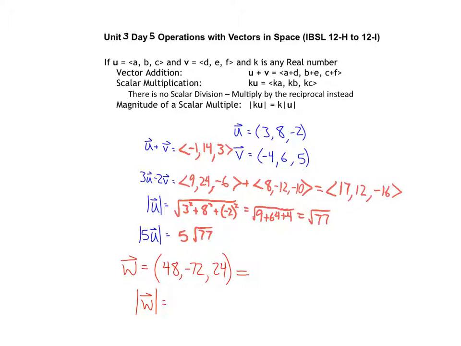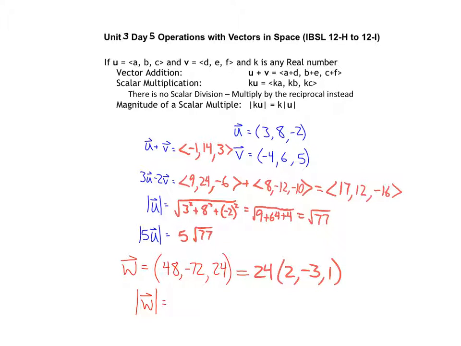All 3 of those components are multiples of what? 8, right? Even more than that, though. There's an even bigger number. 24. Actually, I could rewrite w as 24 times the vector 2, negative 3, 1.